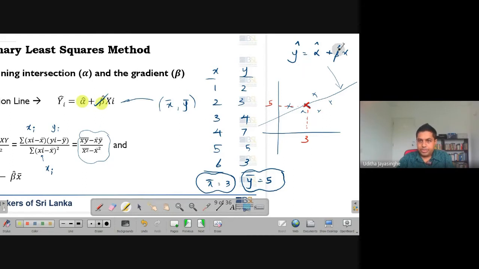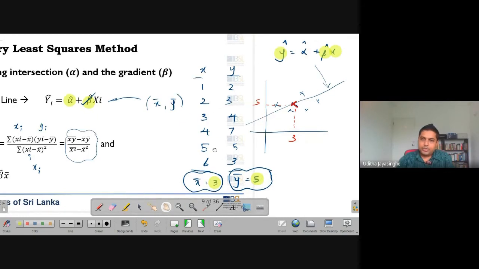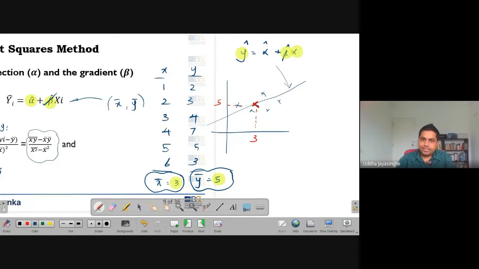Now if that is the case, we know beta already. Beta has been calculated from this equation, and we know x bar and y bar. It's been calculated here, 3 and 5. So easily we can substitute all these values. Let's say a fictional example. So y is given as 5, alpha is the value that we want to calculate, and beta, let's say we just calculated it as 3, multiplied by x is equal to 3.